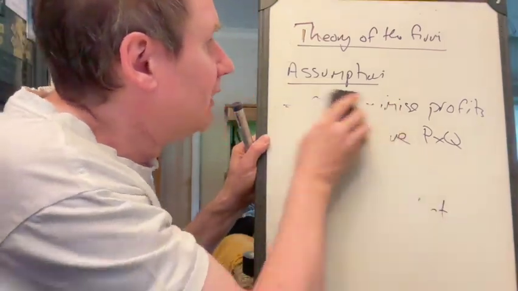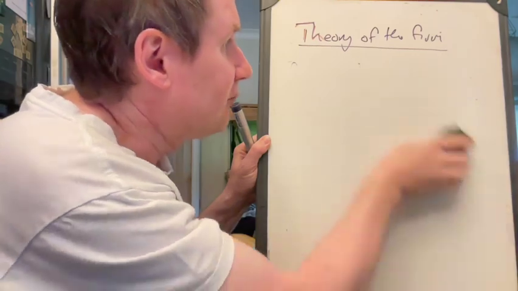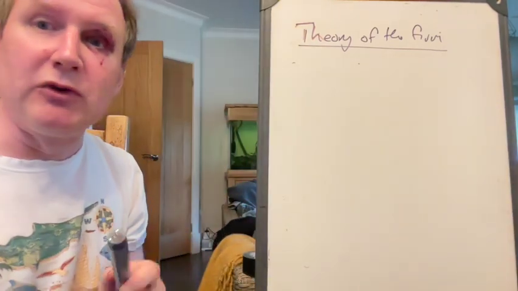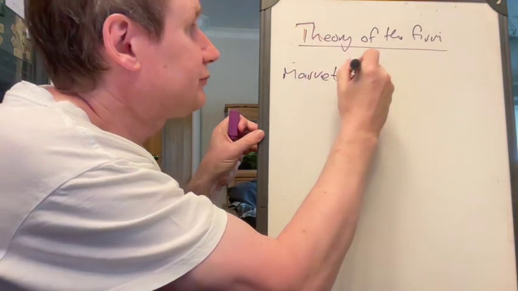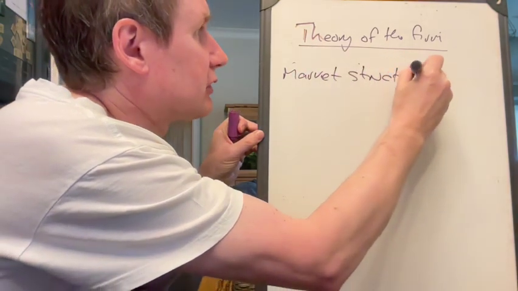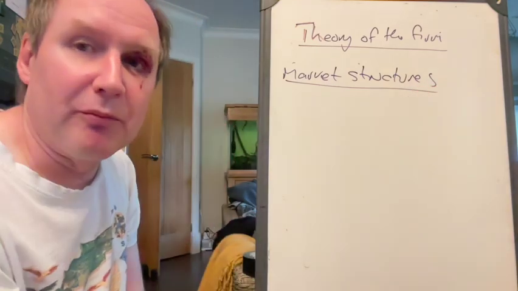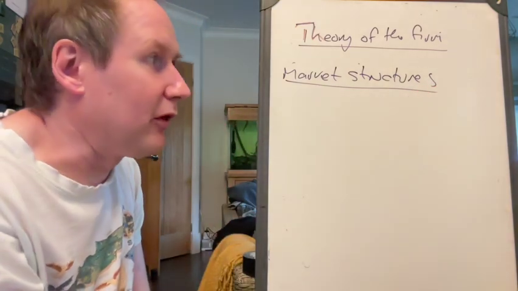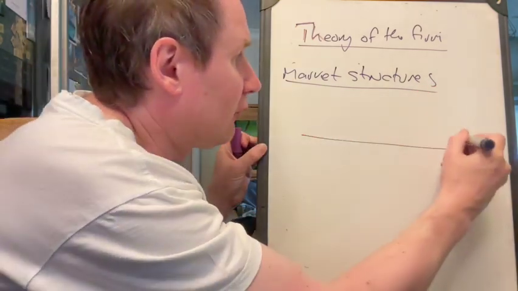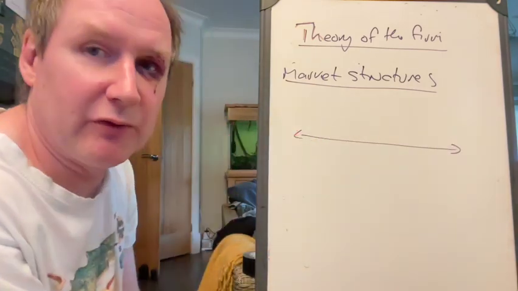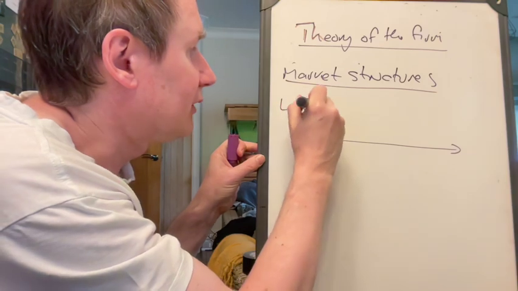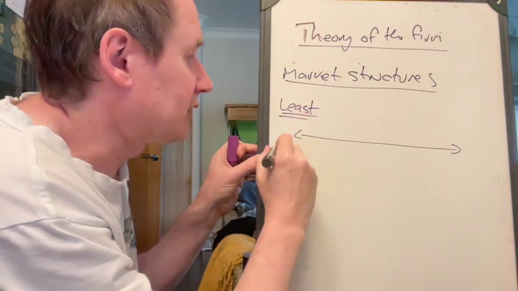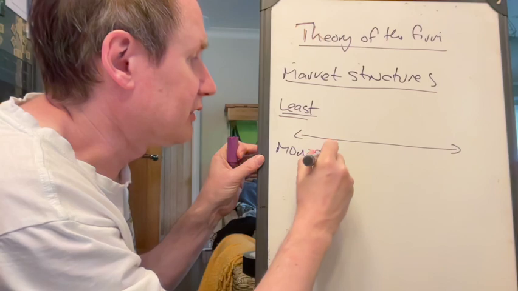Then, having built a model of it, we're going to put that firm into a range of different market structures. Market structures basically tell us how competitive a market is. If we imagine a continuum, at one end we have the least competitive market structure, which is a monopoly, because there's only one firm.